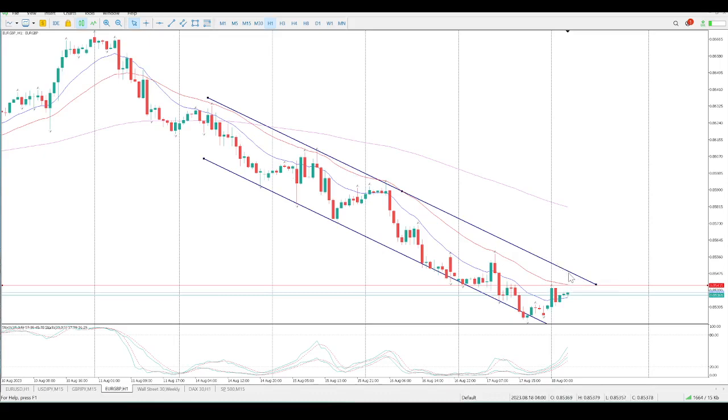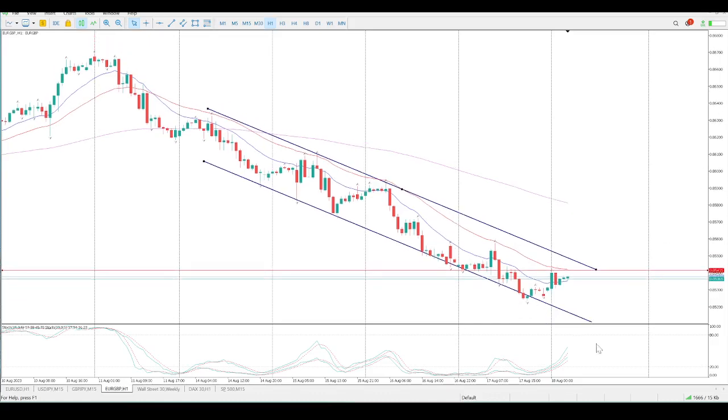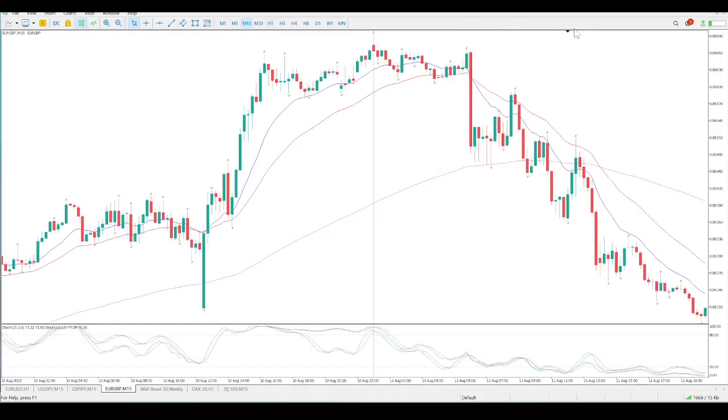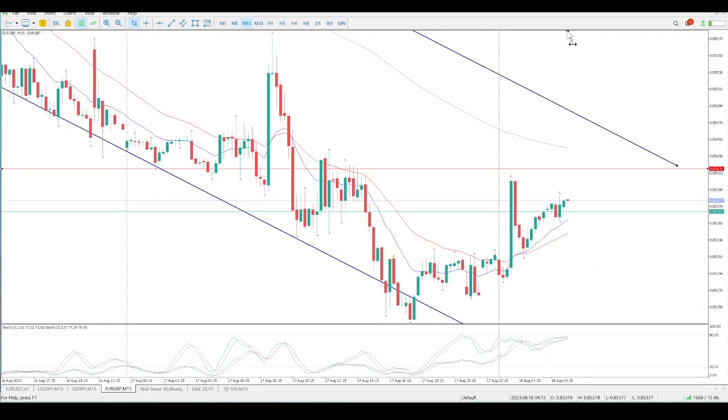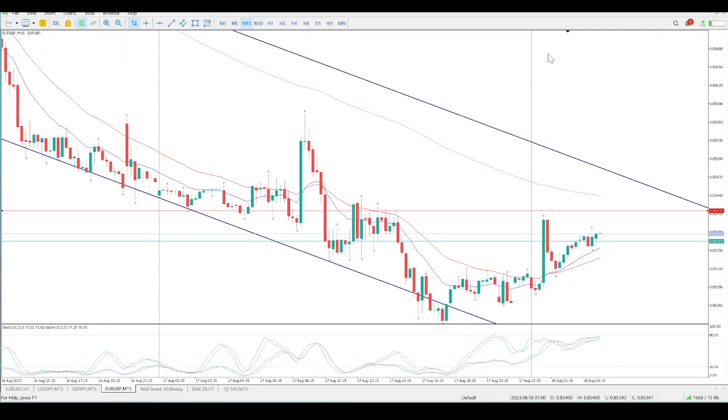Even if it does get up to this level up here, which is around 0.85467, I would expect a rejection there. Just looking at the oscillators and everything now, of everything I've seen today, this is probably the only one that makes sense, but it is really messy.